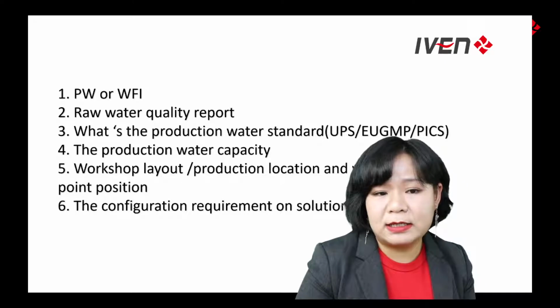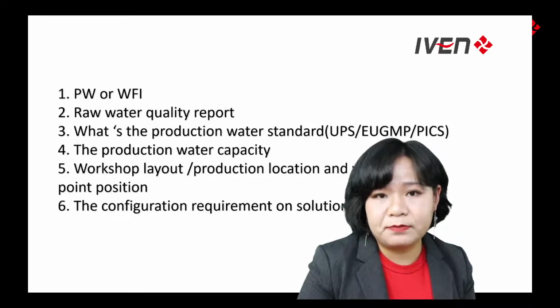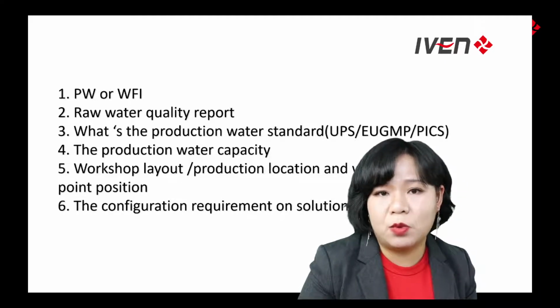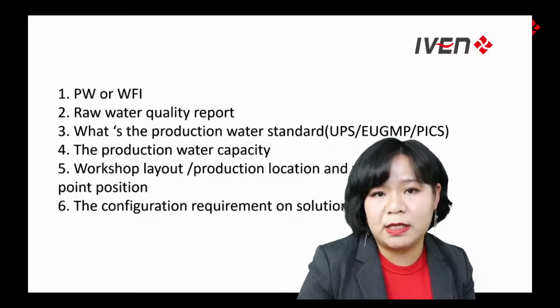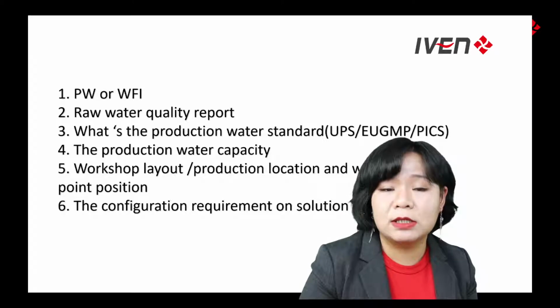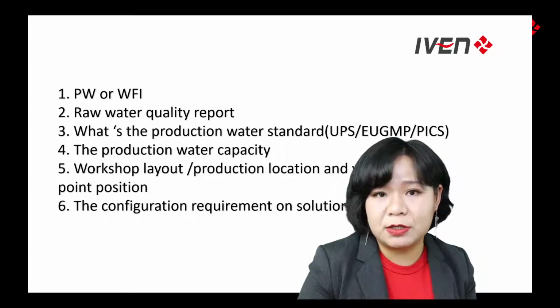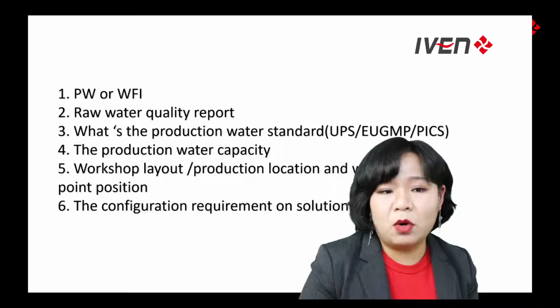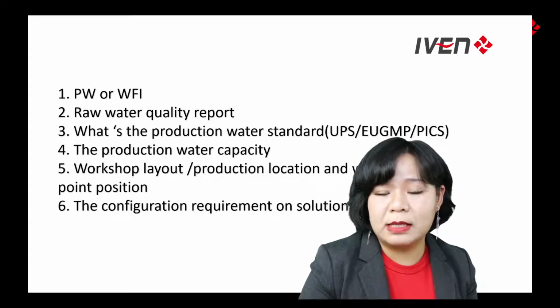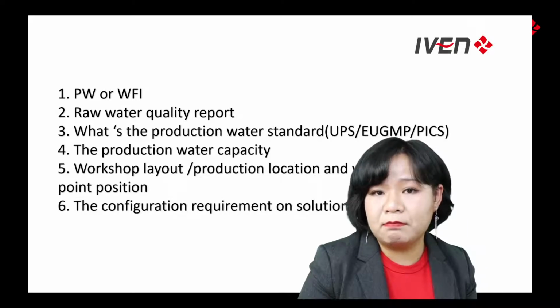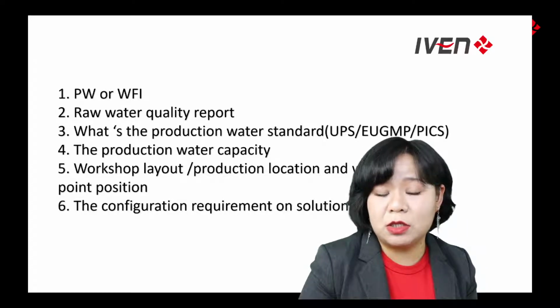So, the next is the production capacity. We need to figure out how much water you want to produce from raw water to PW and WFI. Also, if you can share with us the workshop layout and the production locations and the workshop condition for water using points, and also the water using capacity in each section.